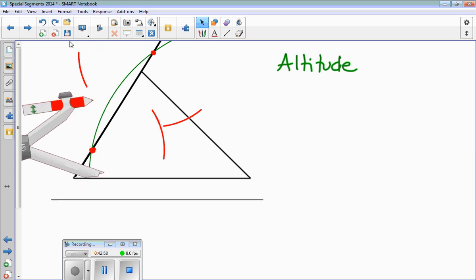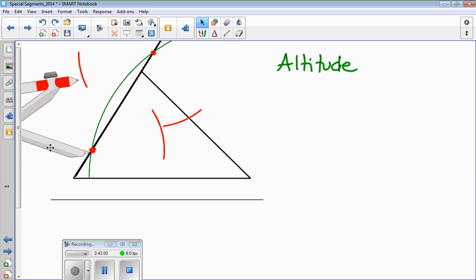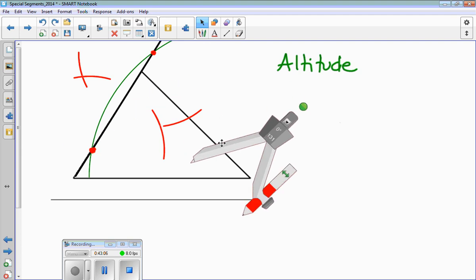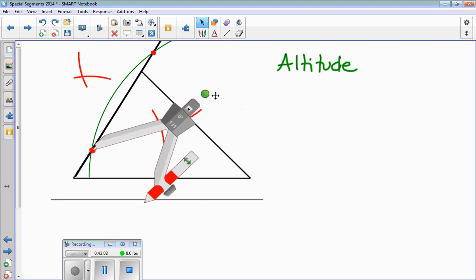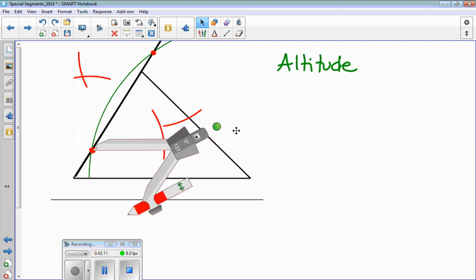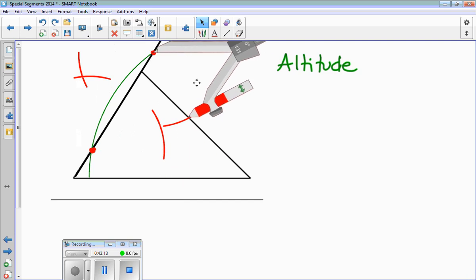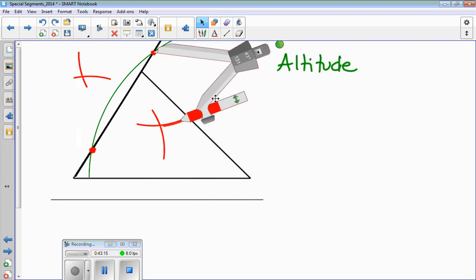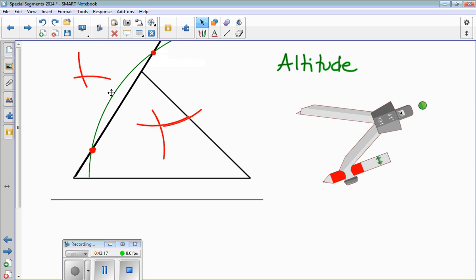This one's not long enough, so I need to extend it a little bit here. And then I'm going to connect from here. I actually don't even have to do two of them because I already have the one point. But I'm going to make this big long thing the altitude.